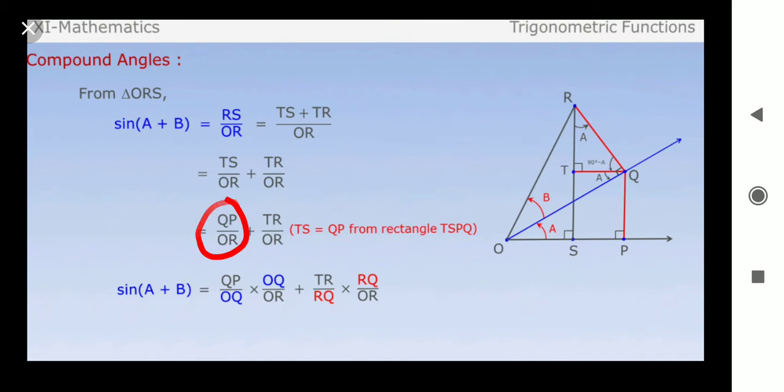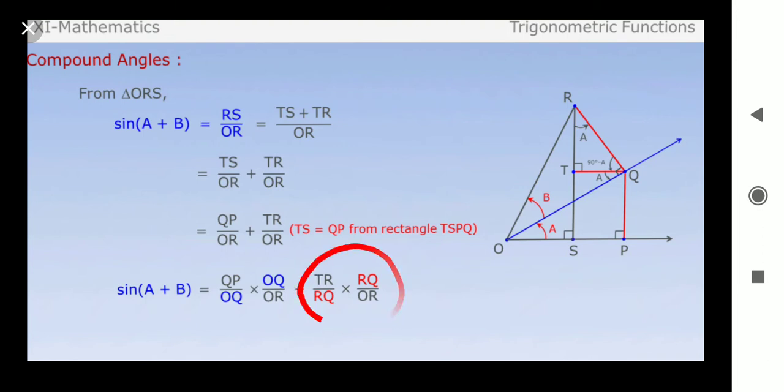I have written QP by OR, just with one change: I have multiplied and divided numerator and denominator by OQ. Okay, in the same way TR by OR. I have written TR by OR, but with a change: I have multiplied and divided numerator and denominator by RQ.